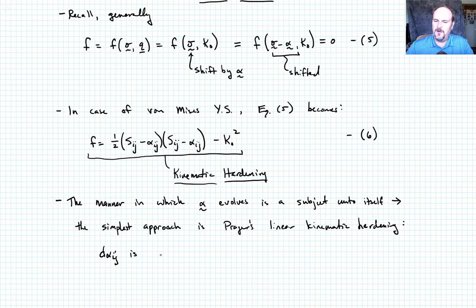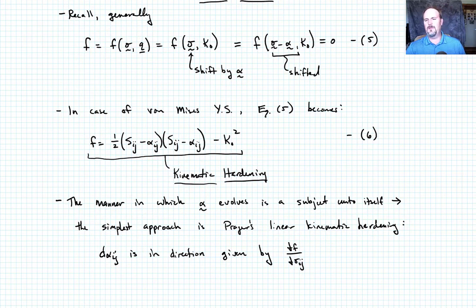is going to be in the direction given by partial F with respect to sigma ij. If you remember that, that's the direction that the plastic strain is incremented.